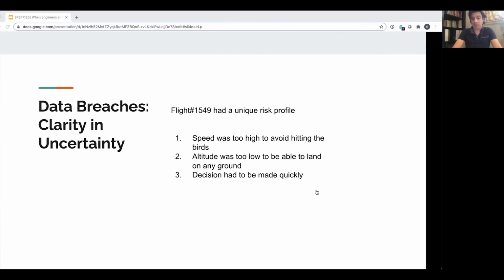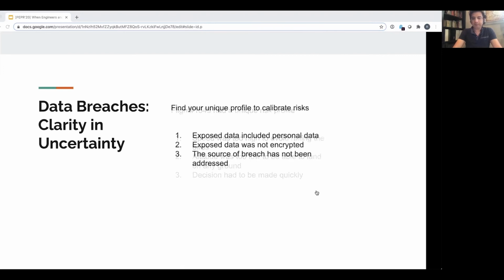So coming back to the breach scenario, typically you also have limited time to decide. And how would you decide if you require a notification or not? Once again, it's going to be based on your unique risk profile. The right answers can make a difference between a crash and water landing. Was the data exposed included personal data?